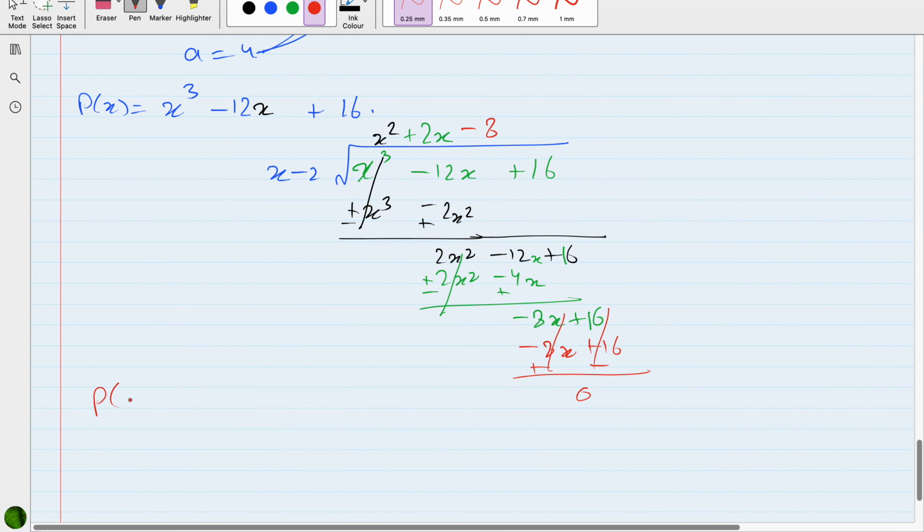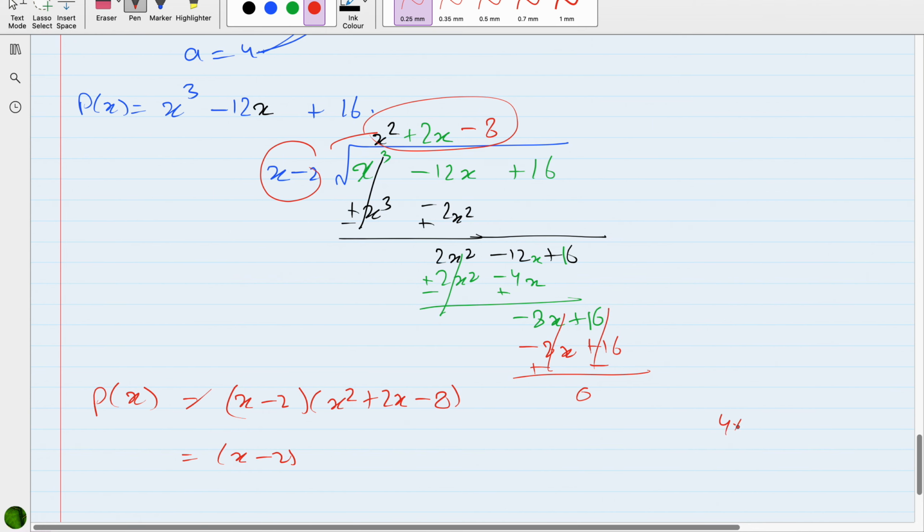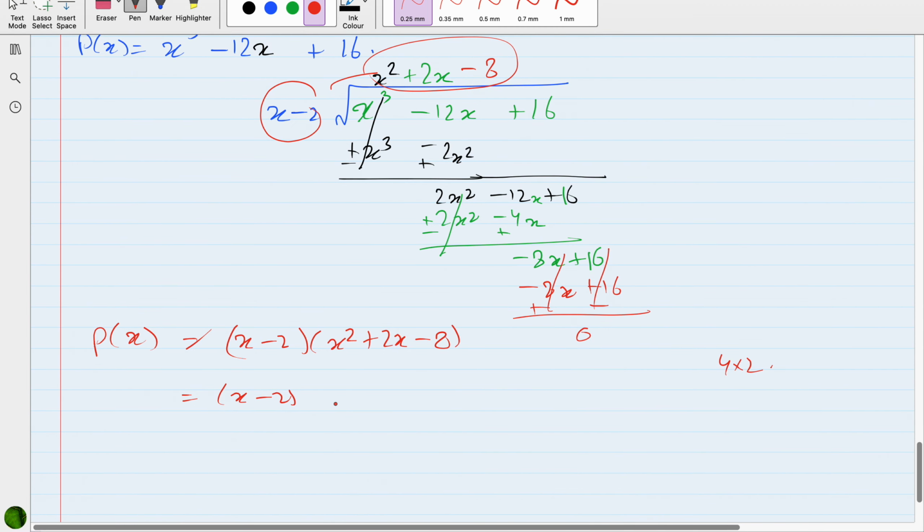So p of x is now the product of these two factors, which is x minus 2 times x square plus 2x minus 8. And now this is 8, 4 2 times 8. So x square plus 2x minus 8, and factors are 4x and minus 2x.